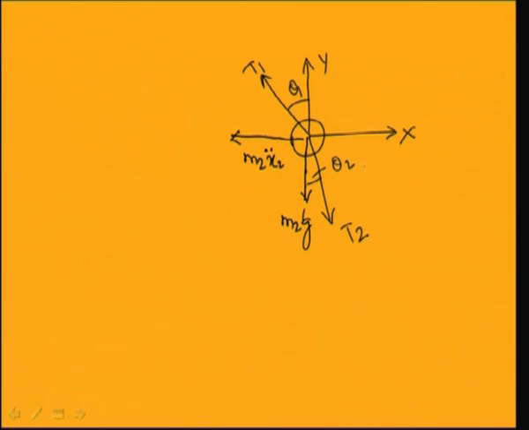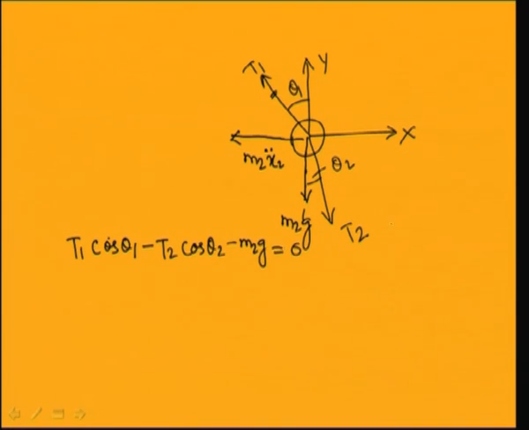So by doing the force balance in the vertical direction, T1 cos theta 1 minus T2 cos theta 2 minus m2g will be equal to 0.